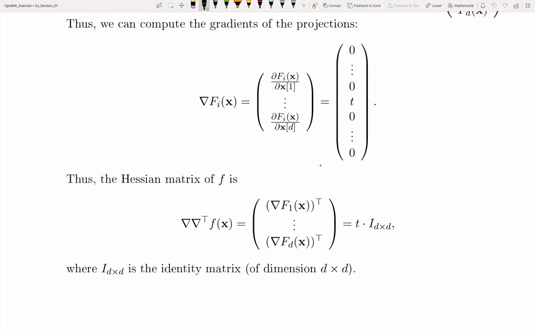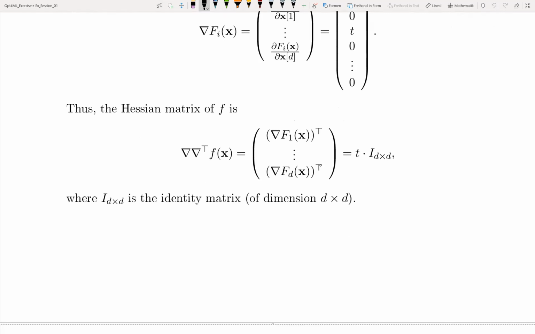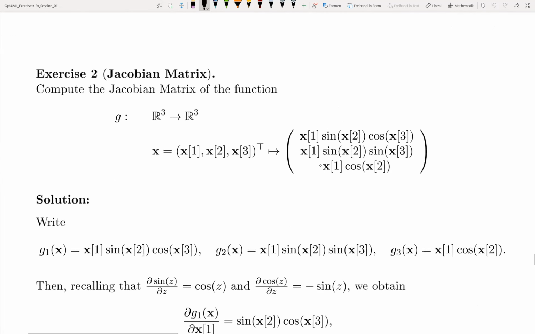Because what are the eigenvalues of a diagonal matrix? They are the diagonal entries, so T, which is positive.